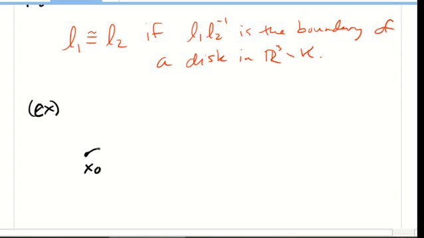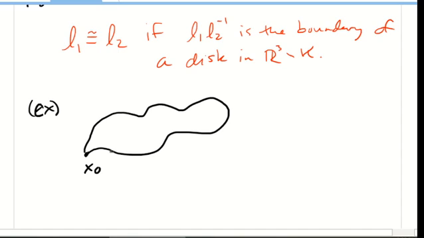Here's L1 maybe, okay? And then here's L2. L2 is here, right, going around in the same direction.